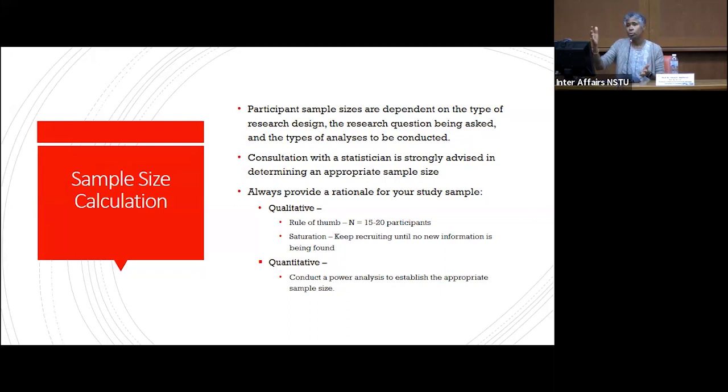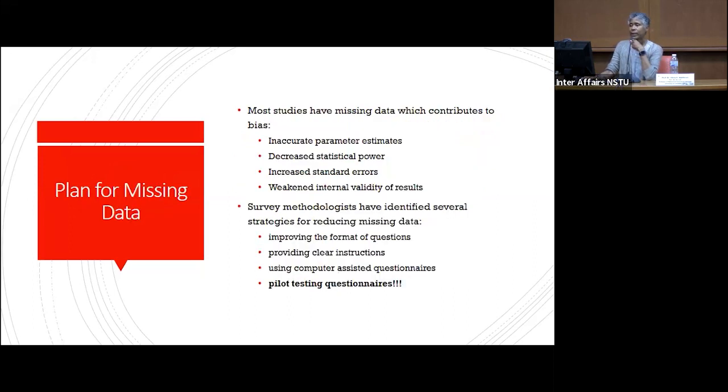The reason you get permission to recruit more is that we don't really know how long it may take you to reach saturation. Okay. For quantitative, it's important to have a sample size calculation and work with a statistician to very carefully develop your sample size.